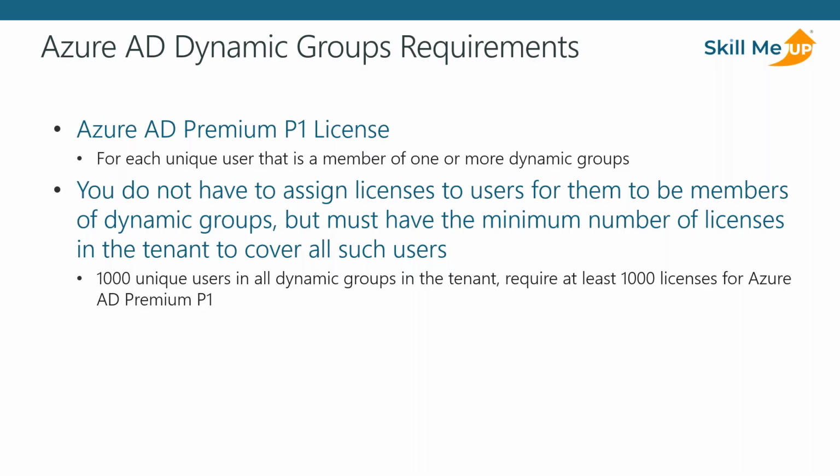So if you have 1,000 unique users in all of the dynamic groups in the tenant, you would require at least 1,000 licenses for Azure AD Premium 1. Even though they may not be assigned to those users, as long as you have them, then you're okay to add those users in there.